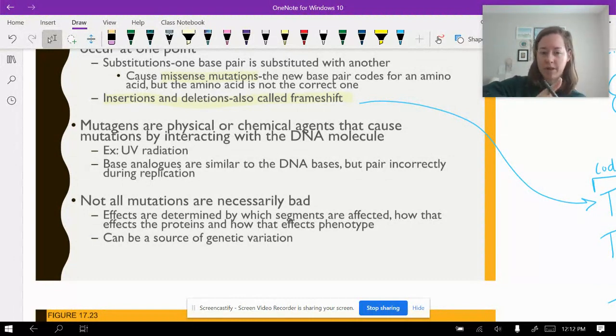An example of it being positive is that it increases the genetic variation of the population, which is how we got all of the living things that exist today: through mutations that built up over time and were passed down through generations and caused the differences that exist between species. So mutations are a really important driver of evolution and really important in contributing genetic variation to a population, which helps them survive catastrophic events.